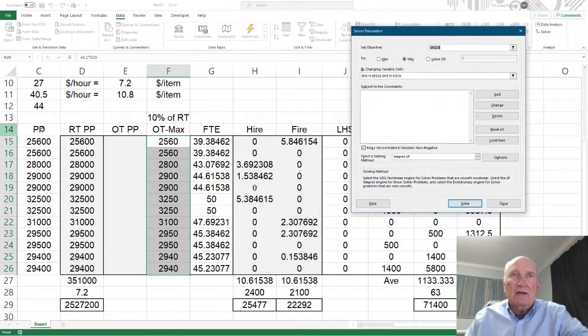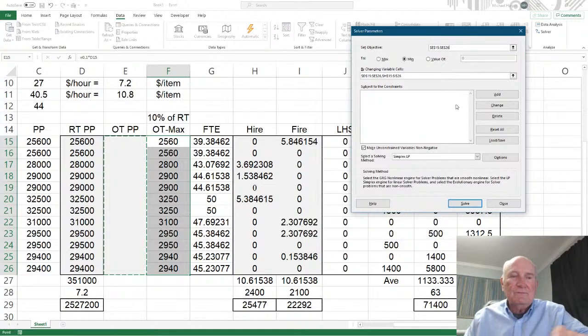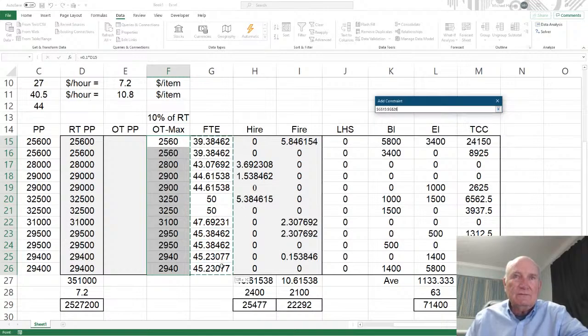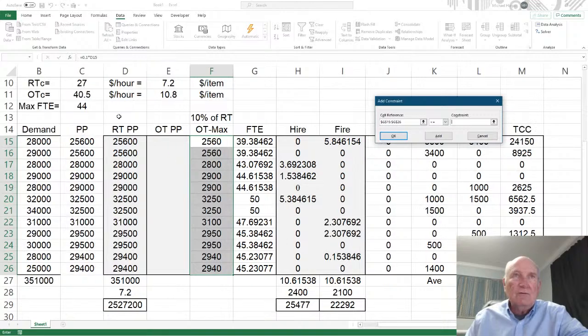So now, coming left to right, we're going to have our overtime production. Whoops, forgot to add a constraint. Our overtime production here is less than or equal to 10% of our regular time. And then add. Our FTEs here is less than or equal to our max FTEs over here, which is 44.